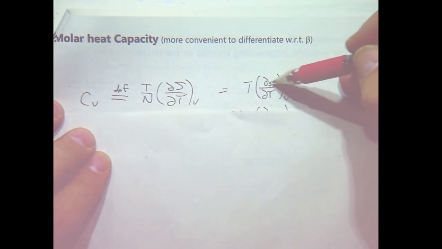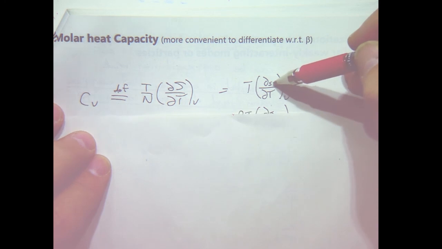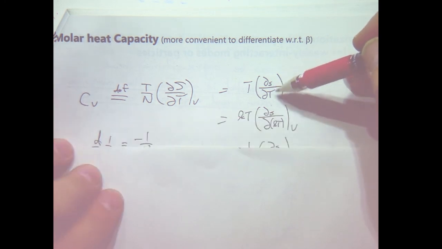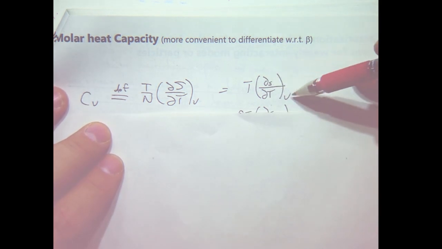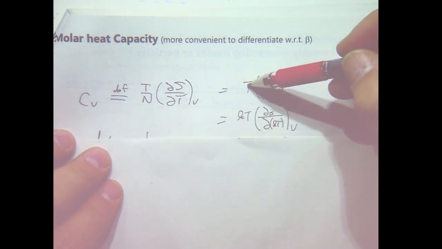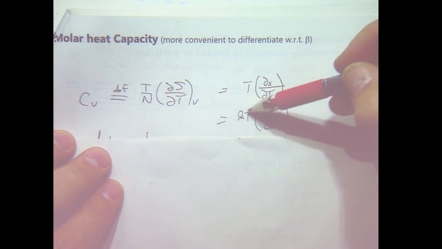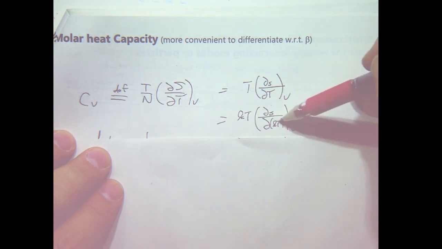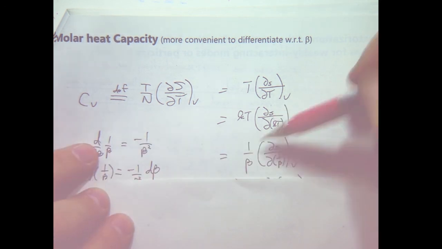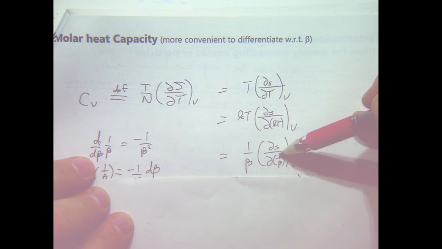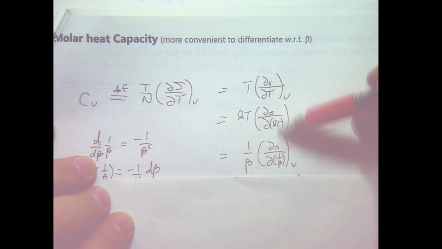Bring in the molar form of entropy. It's a tiny s, so make sure you don't make a mistake. So T dS by dT, multiply and divide by k. So you get kT in the denominator. It's d by dS by d kT, which is the same as dS by d 1 over beta.